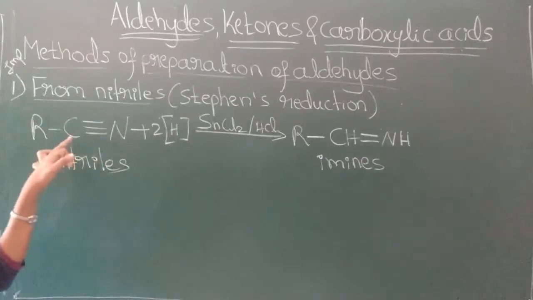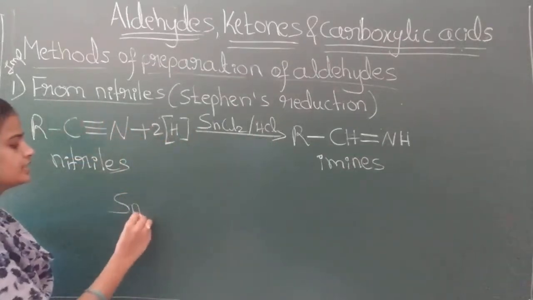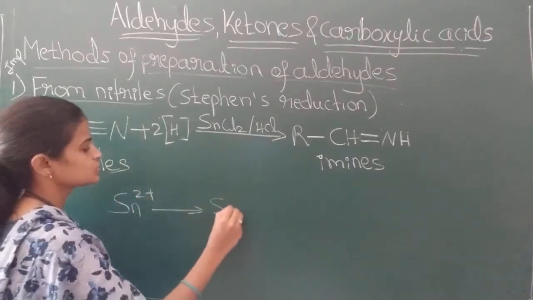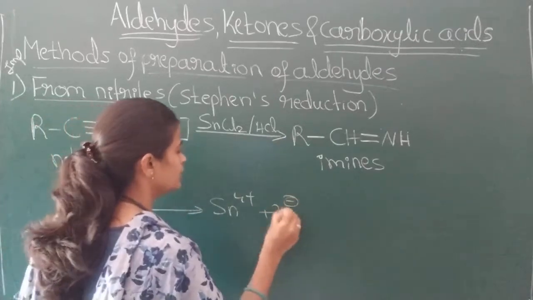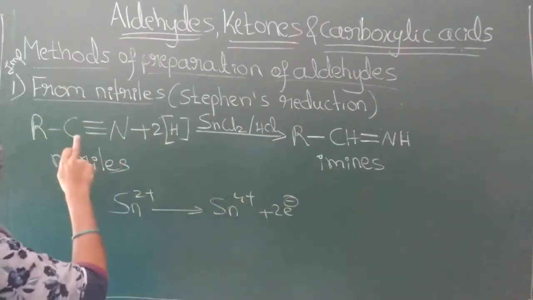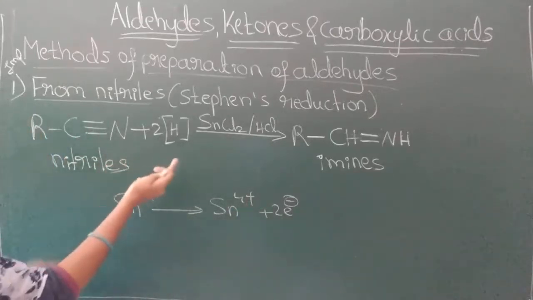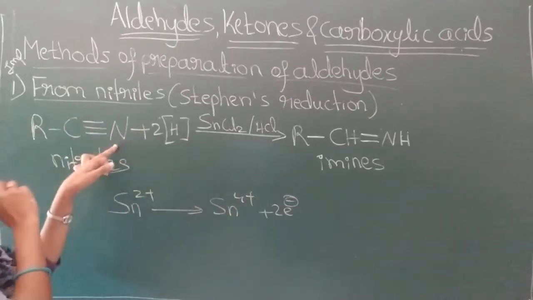Two hydrogens are added here. Actually, stannous chloride is Sn2+, and it releases 2 electrons to form Sn4+. Out of these 2 electrons, one electron is added here, another electron is added here, and then one hydrogen is added here and another hydrogen here.